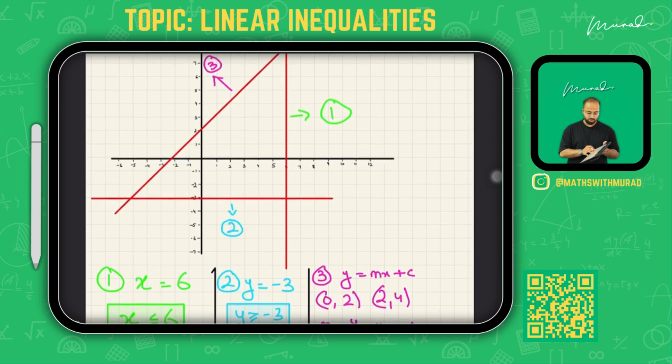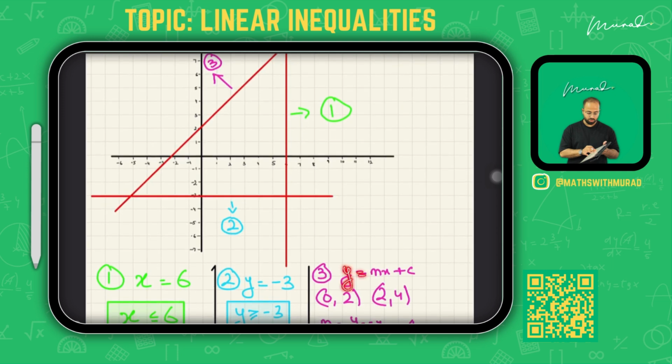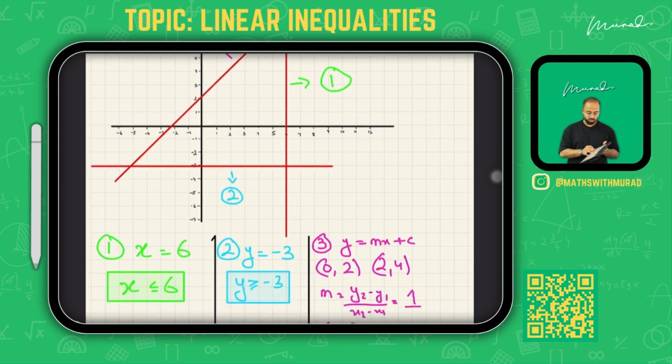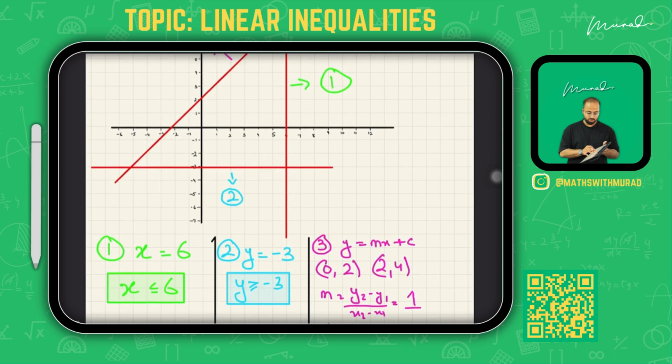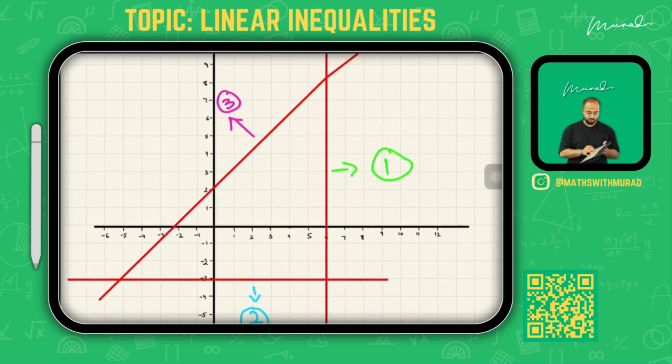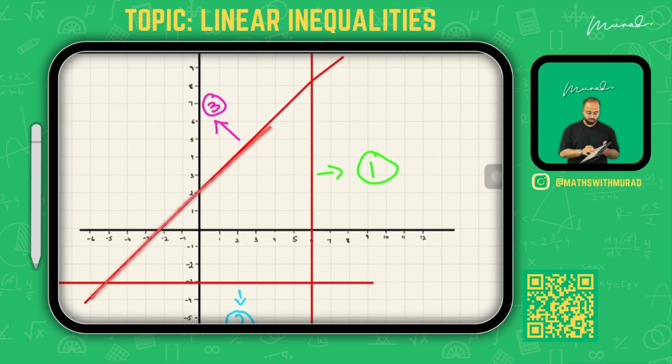So I'll apply the main equation formula, which is y equals to mx plus c. So I need to find the gradient and the y-intercept of it. Now the gradient, if I apply the formula y2 minus y1 upon x2 minus x1, is 1 over here. So I have found the value of m. And after looking at the graph, the y-intercept, meaning where the graph intersects the y-axis, is 2. The value of c is 2.